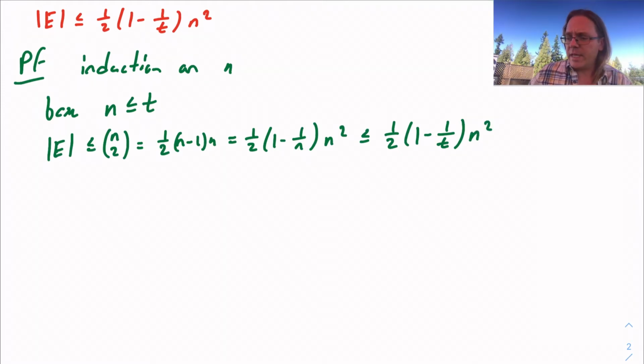If t is greater than or equal to n, then 1 over t is less than or equal to 1 over n. So 1 minus 1 over t is going to be greater than or equal to 1 minus 1 over n. And so we get this inequality. So again, we are now assuming that n is less than or equal to t, and we've just observed that the number of edges in our graph is going to be less than or equal to 1/2 times 1 minus 1 over t times n squared, and that's what we're trying to prove.